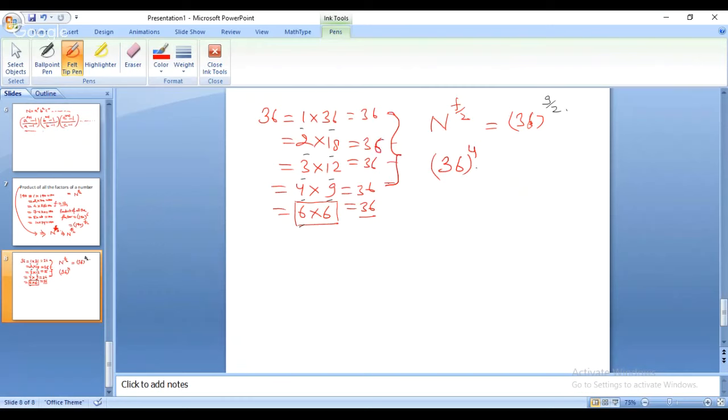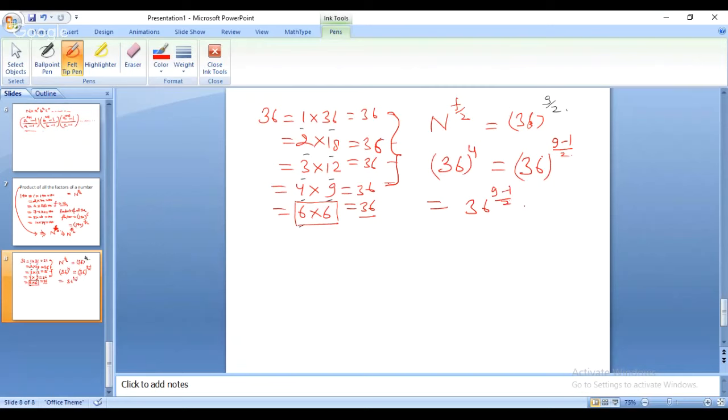Now 36 to the power 4 was there, and now we have to add for this. So we can say that 36 to the power (9 minus 1) upon 2 can be the answer, right? 36 to the power 4 is (9 minus 1) upon 2.